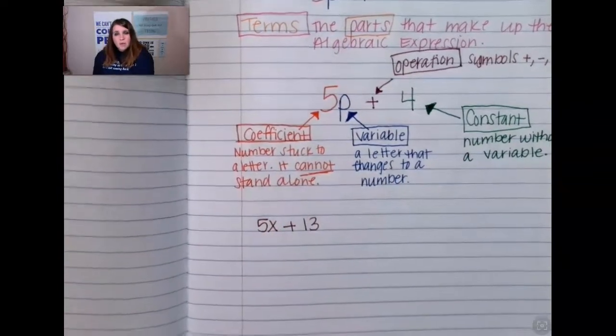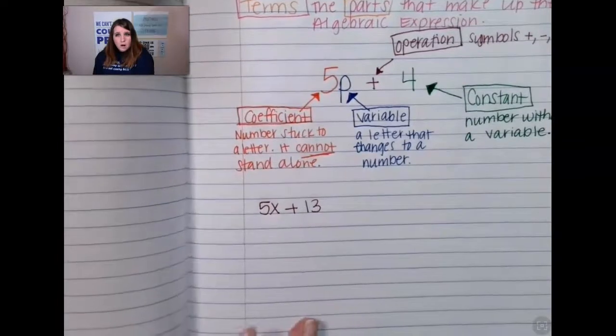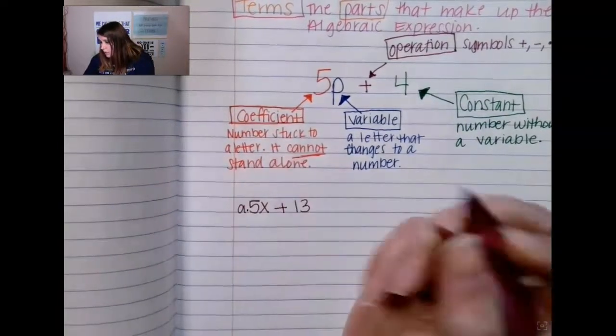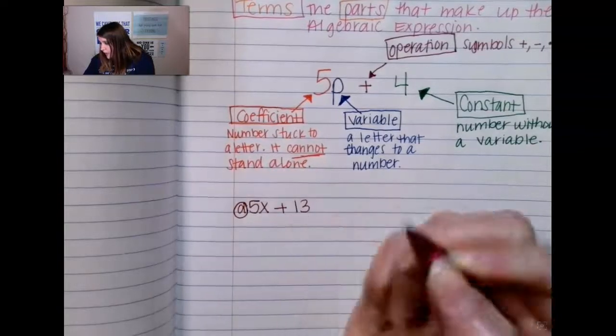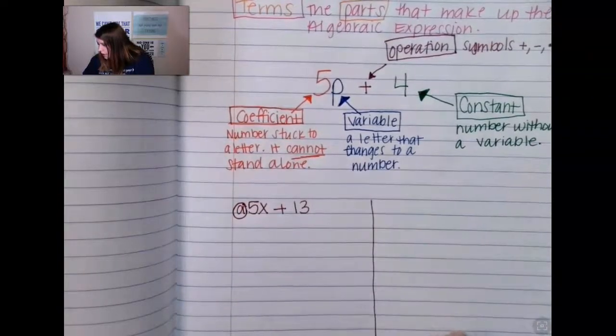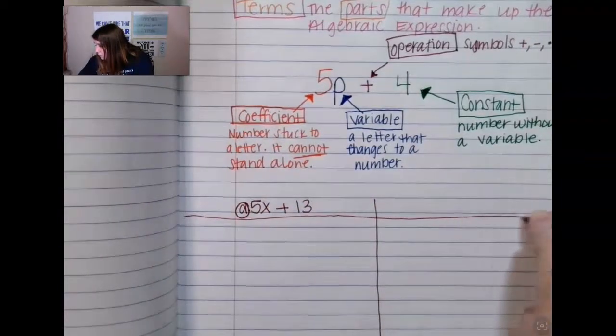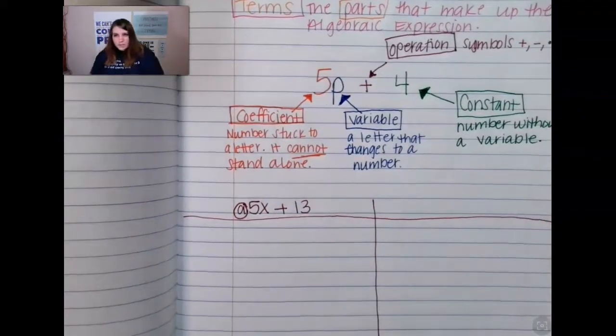Okay, and they want to know what are the terms in this expression. Well, you can look at this problem here, problem example A. I'm going to draw a line here because we're going to have problem example B here pretty soon. I'm going to draw my really crooked, crazy line. So sorry about that. And we're going to start by looking at the word terms.